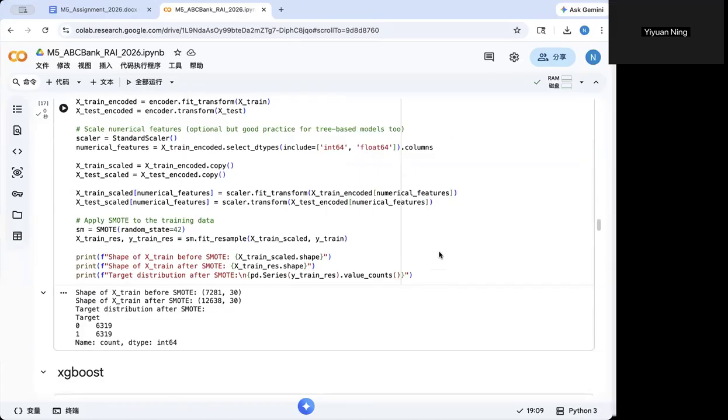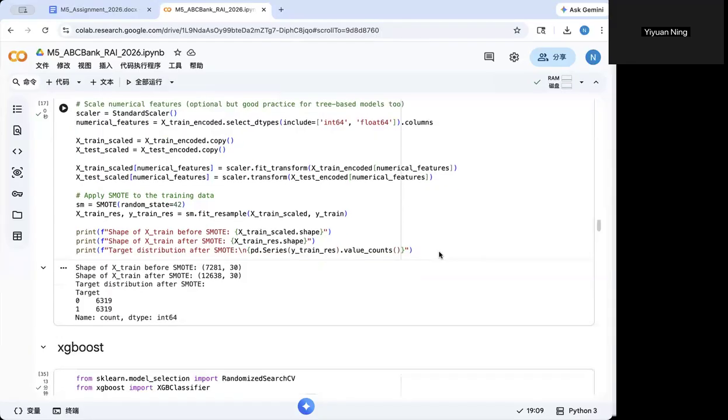In this situation, accuracy can be misleading because the model can get high accuracy by mostly predicting the majority class, but ROC-AUC is more suitable because it measures how well the model separates the two classes across all thresholds, so it gives a more reliable evaluation of performance.